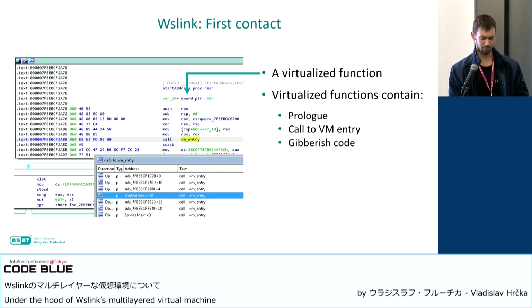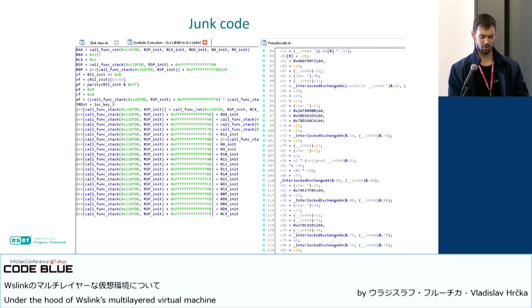Now, before we jump into what happens in VM entry, we'll say that all over the code, the VM uses junk code, which is basically insertion of instructions that are supposed to obscure the code.